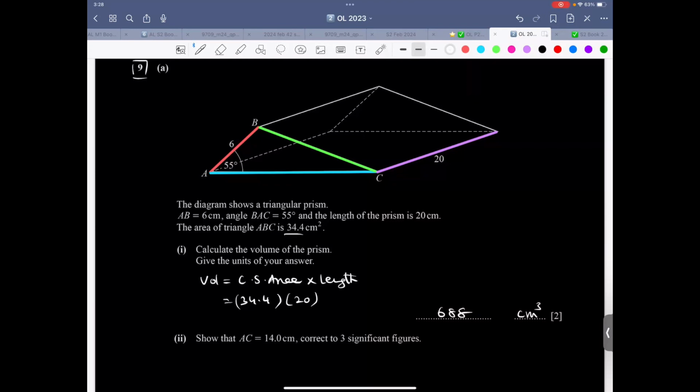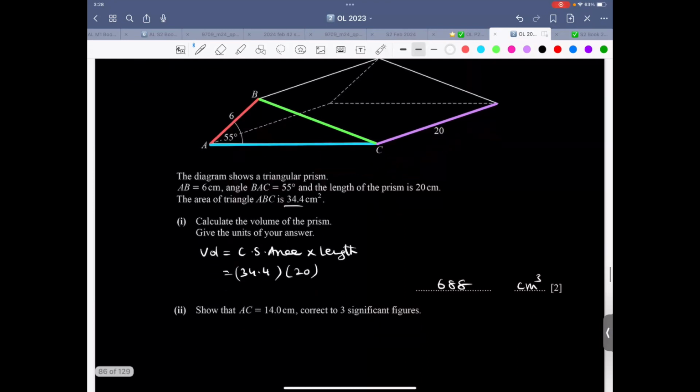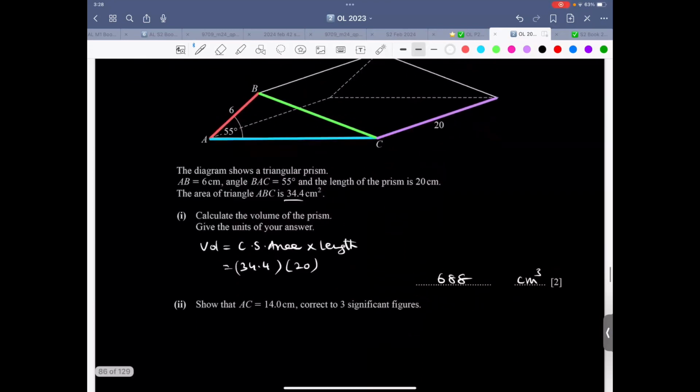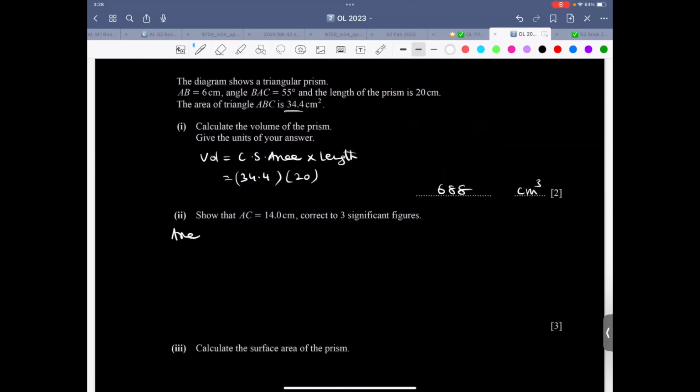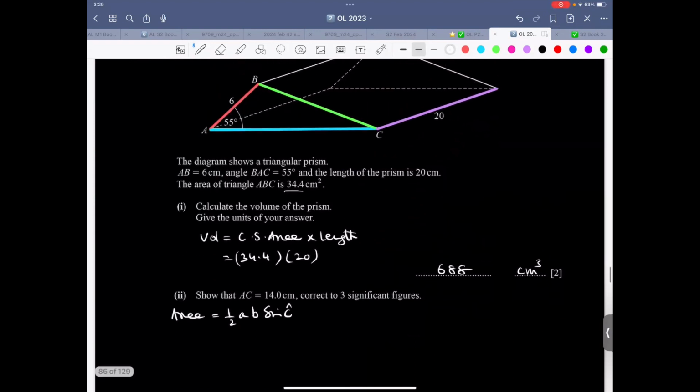Now the next part. The next part is that show that AC is this much. So let me use the area of a triangle formula. Area is half AB sine C. So this is 34.4, that is half.